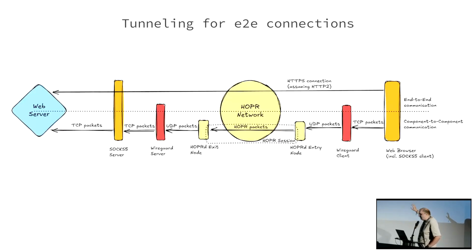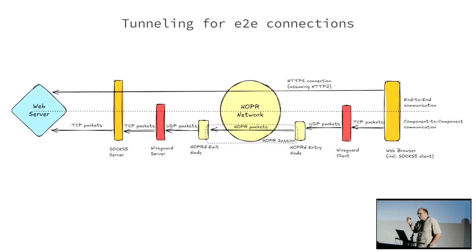We have something called the HOPR session. What we actually do in HOPR is we don't have a specific protocol exposed to application developers. Instead, we expose TCP and UDP ports, so TCP ports and UDP sockets. So as an application developer, if you want to use HOPR as your transport layer, you can transparently open TCP connections to it.